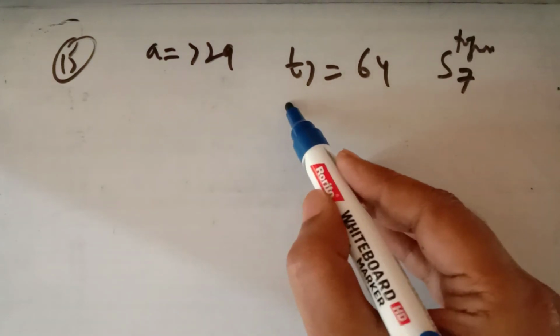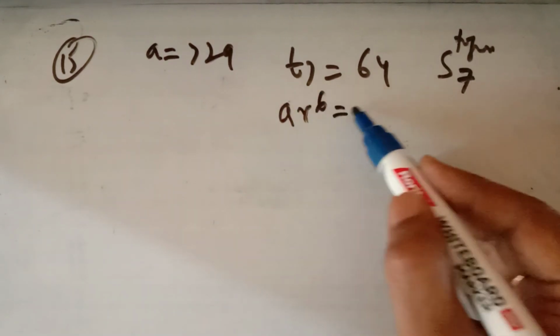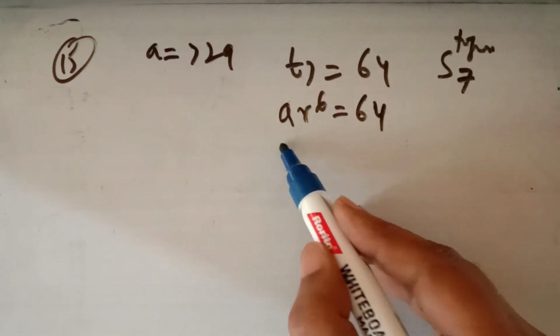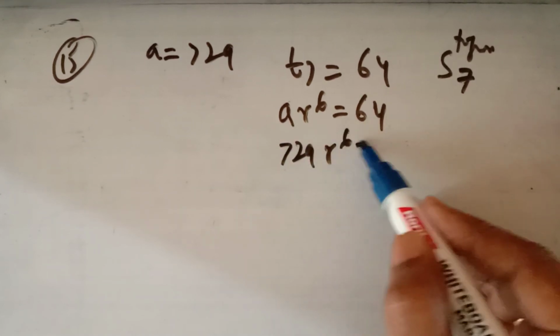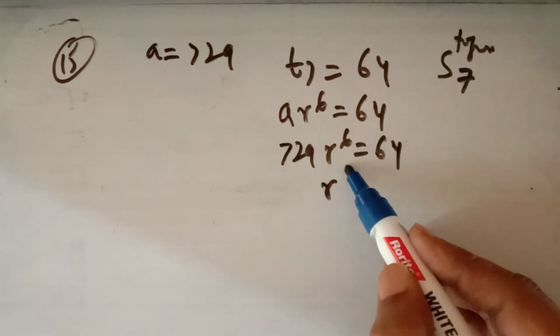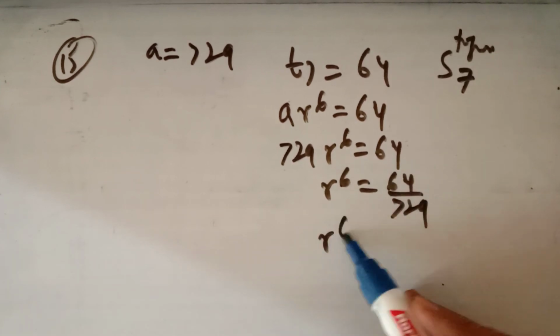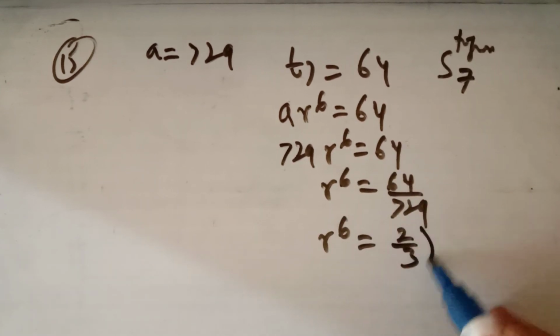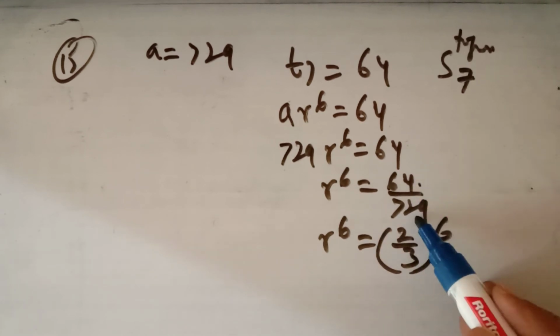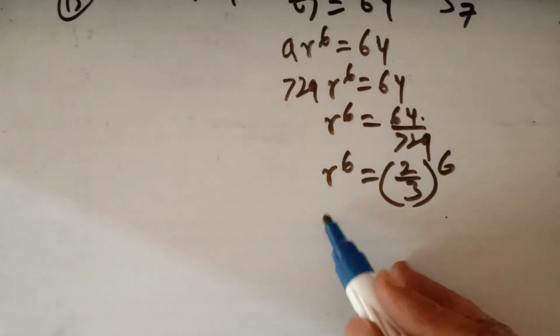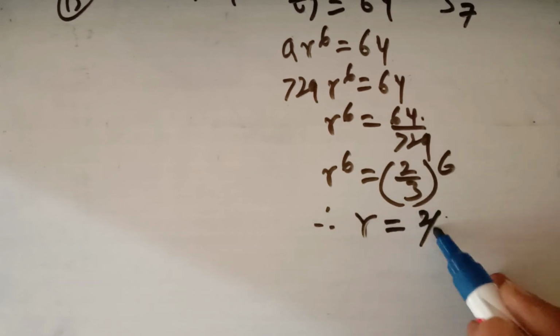So as usual, the 7th term is AR raised to power 6. First term is 729. So R to the power 6 is equal to 64 upon 729. So it will be 2 upon 3 raised to power 6. This is 2 to the power 6, this is 3 to the power 6. So therefore R will be equal to 2 upon 3.